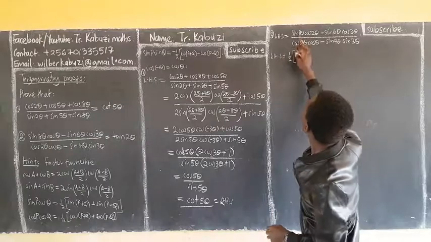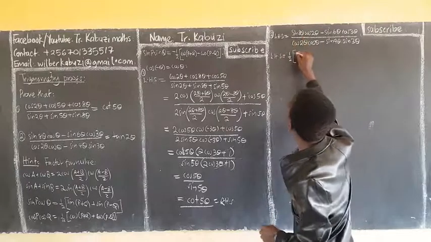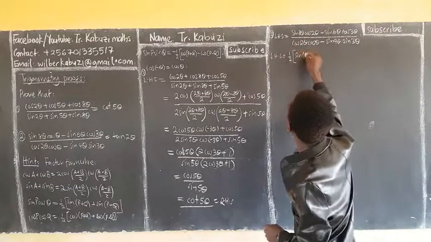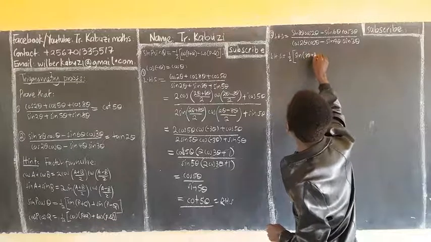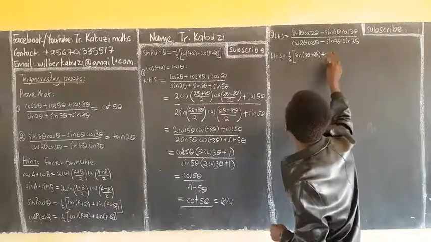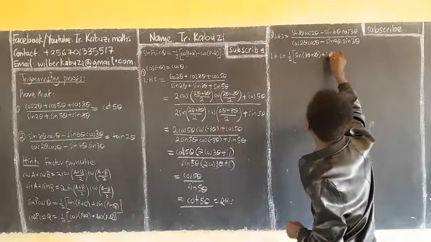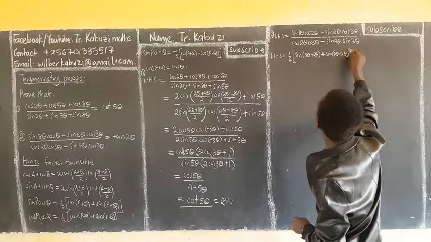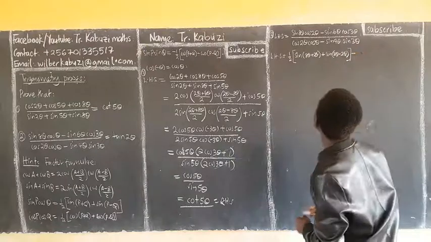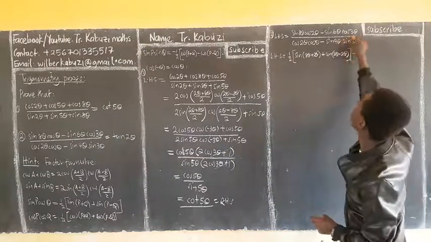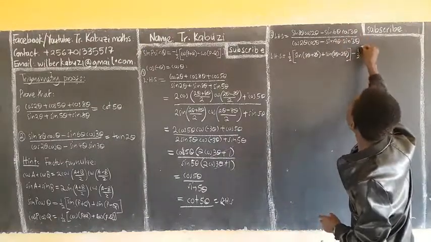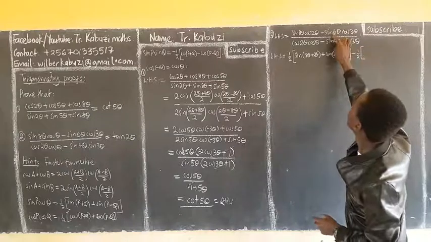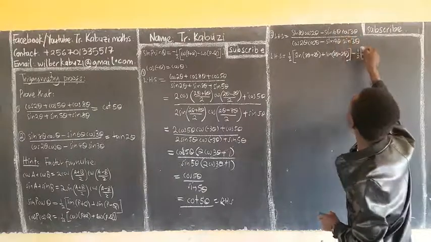So I'll be adding now, because I had sine cos, this will be sine, then plus sine of 8 theta minus 2 theta. Then minus, you see I had sine cos also, so by creating a half into now sine this angle plus this.